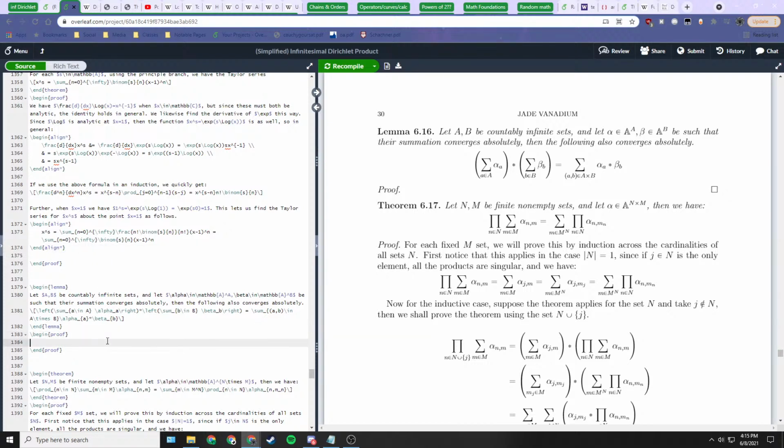So we can just say, since we have, actually, wait, let me think on that. I'm trying to think on if we can actually do this.